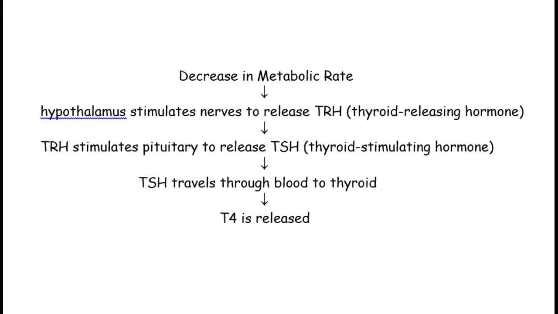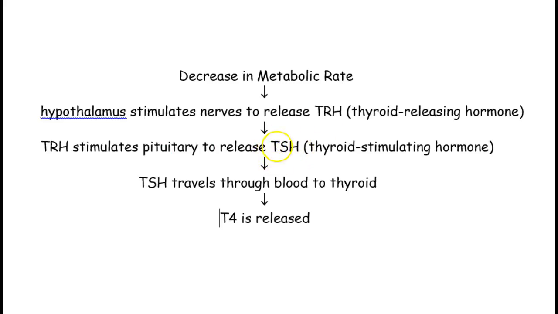So let's go over that again. Let's say you are not at your homeostatic set point in terms of metabolic rate. Your hypothalamus detects that, and it's going to stimulate your nervous system to release TRH, the thyroid releasing hormone. That TRH, remember, is going to travel to your pituitary gland to stimulate it to release thyroid stimulating hormone, TSH.